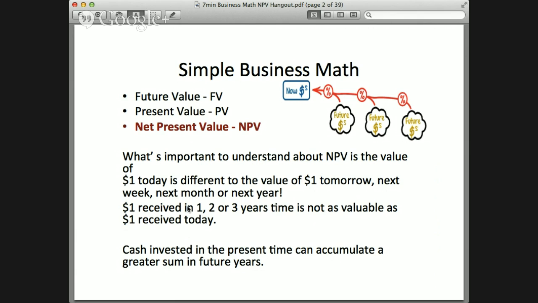So a dollar received in year 1, 2, or 3 is not the same value as a dollar received today. We're going to look at how you can calculate those using the formulas of net present value, and see if we can get you a way to look at how you could accumulate greater funds in the future.